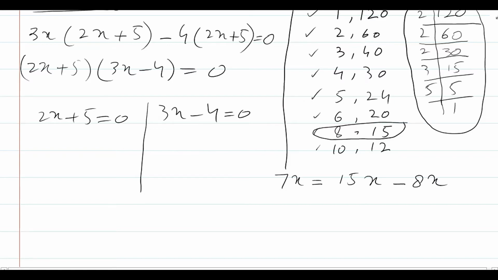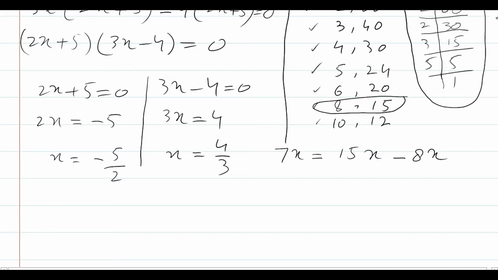You can get 2x equal to minus 5 and x is equal to minus 5 over 2. Similarly, on the right side you can get 3x equal to 4 and x is equal to 4 over 3. So this is the answer for part E.